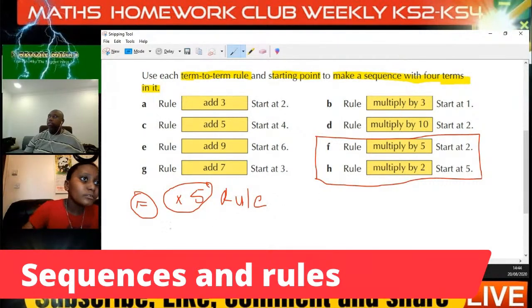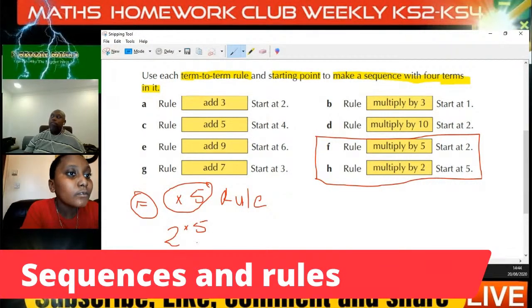Yes? So if I start with 2, what's my rule? Times by 5. So what's 5 times 2? 10. They said they need 4 terms. That's 2, so we need 2 more. Times by 5. 50.